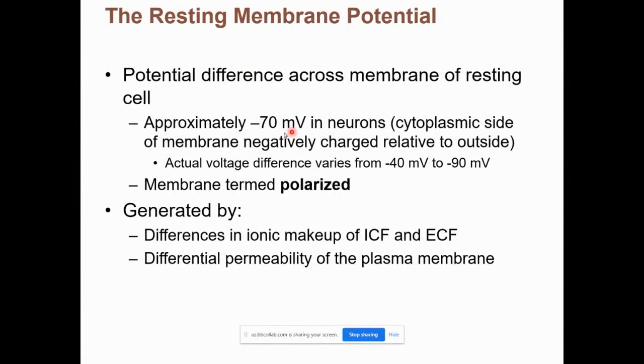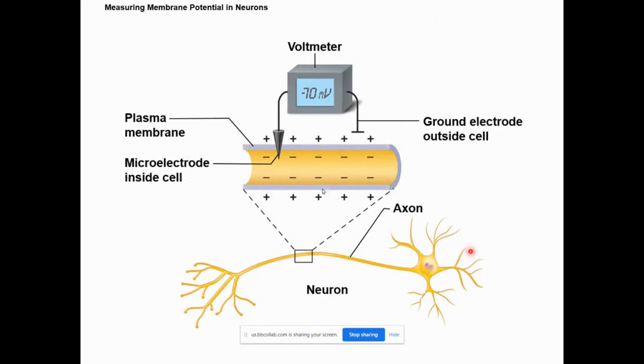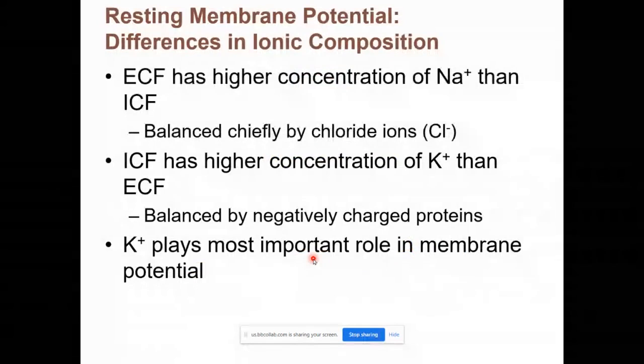Resting membrane potential is negative, -70, but you won't have to repeat that number. It's generated by a few things, but here they're just showing that the inside is negative and the outside is positive. I could use this picture to draw on: it's -70, they always measure from the inside, and that's just up the axon. Remember, this is at rest. This is the resting membrane potential.